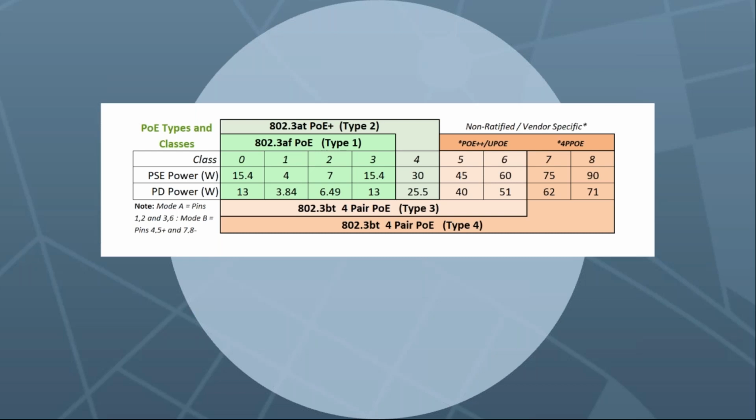So in 2003, the IEEE, the Institute of Electrical and Electronics Engineers, developed a standard of 802.3. Initially in 2003, it was 802.3af, and this provided power up to 15 watts to power devices. We would call this 802.3 compliant.